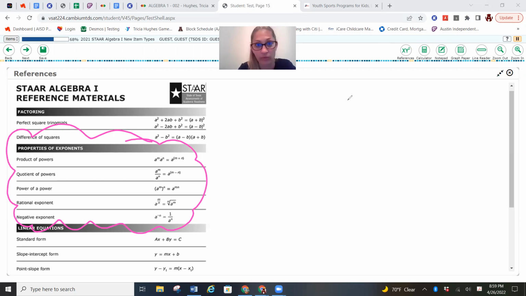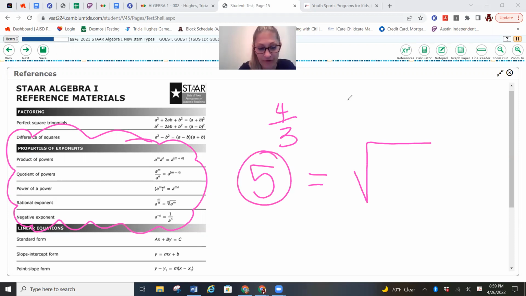Power to a power, you will multiply exponents. Rational exponent, we really never went over that. But you can see when it's something like 5 to the power of 4/3, it says you can rewrite it with a square root sign. Put the 5, which is the A, inside, raise it to the power of m. This is my m.